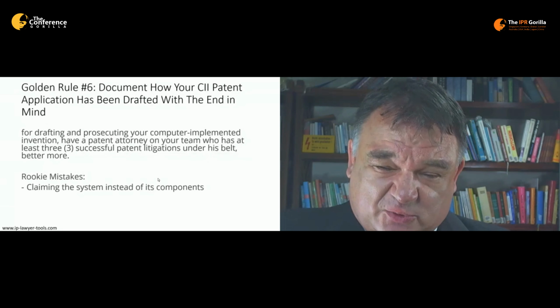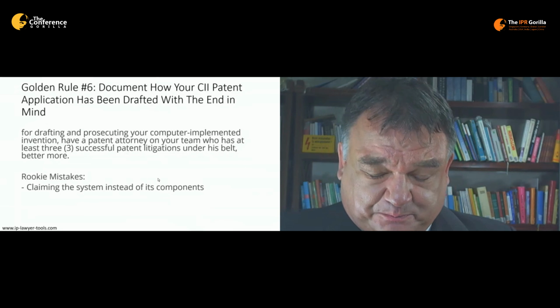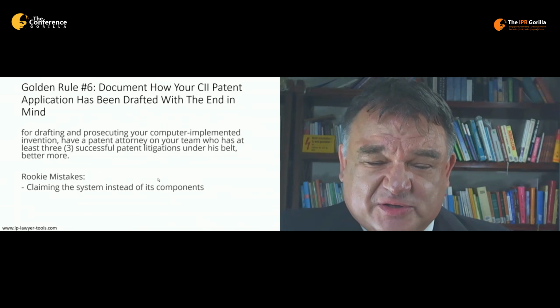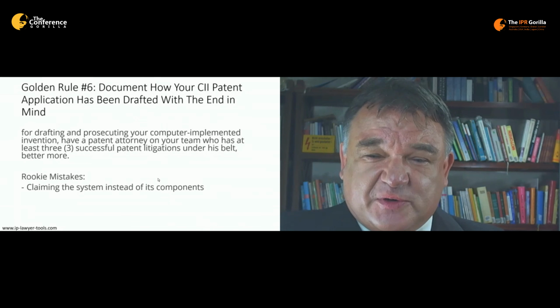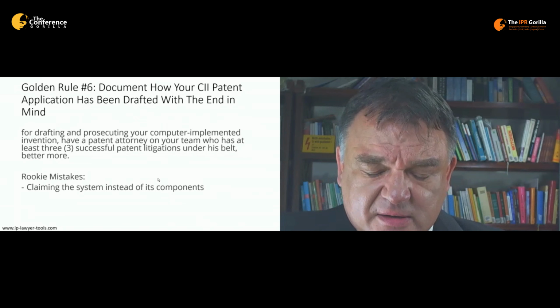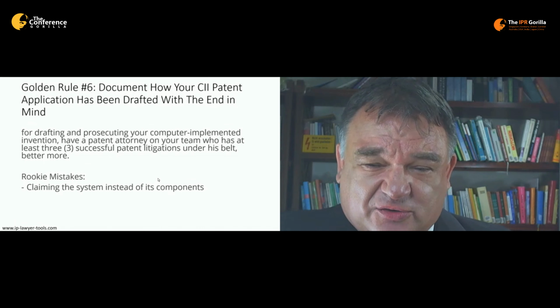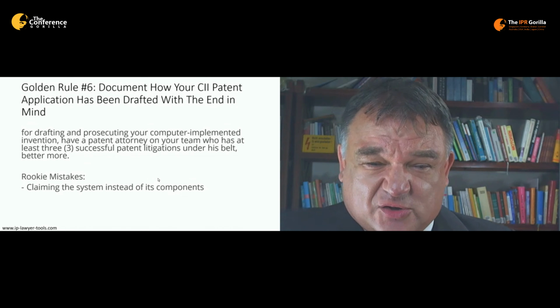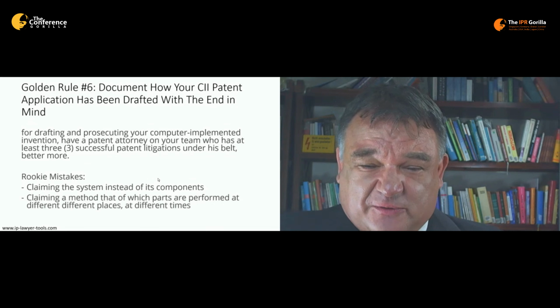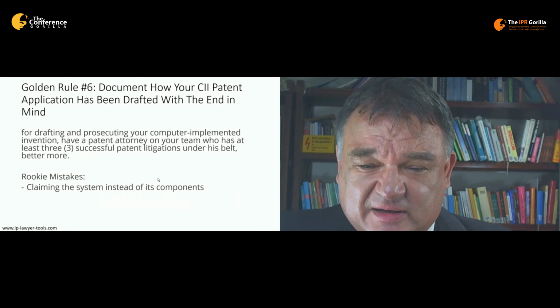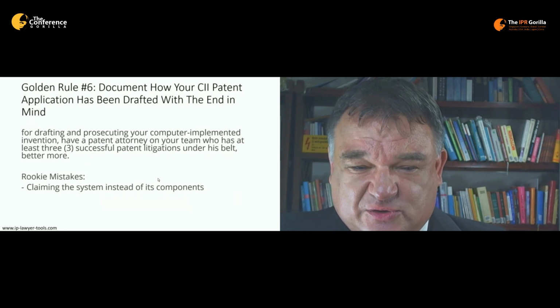And the problem is, today with the internet, the components of the system can be located in different jurisdictions. And then you immediately are discussing contributory infringement instead of literal infringement. So by claiming the system instead of its components, you're immediately in a very, very difficult legal situation.